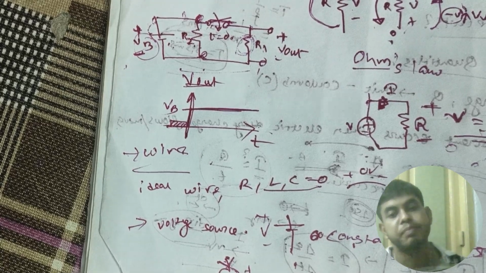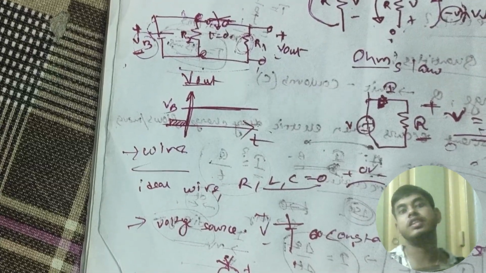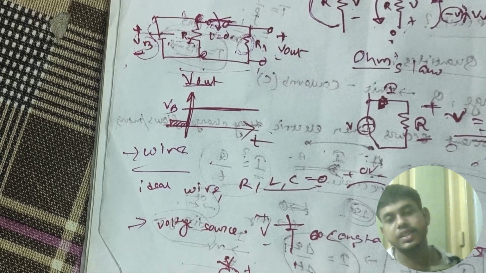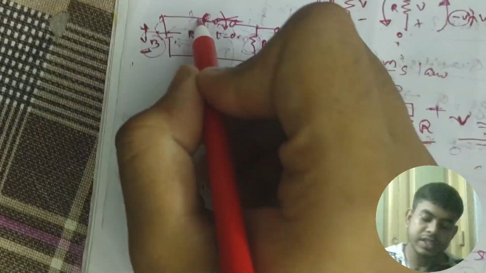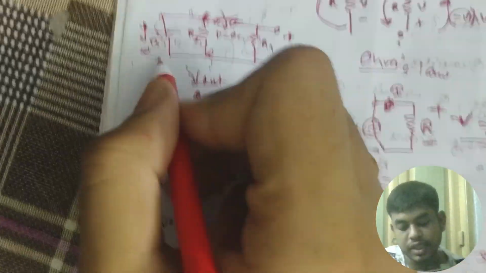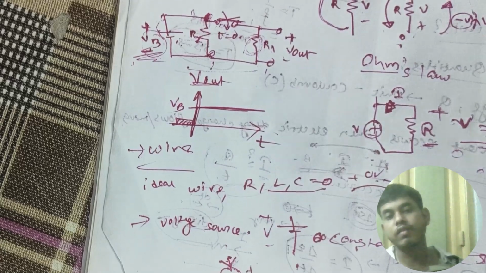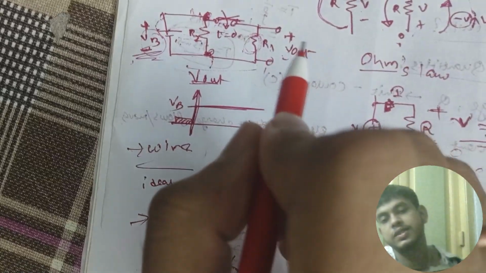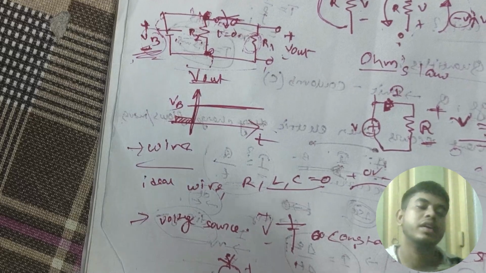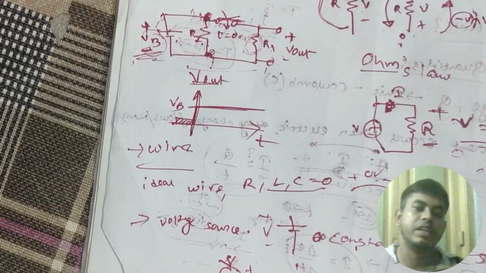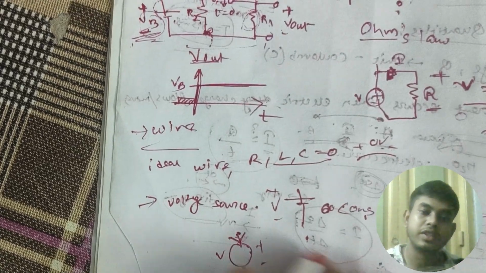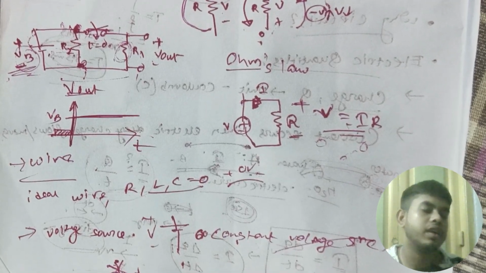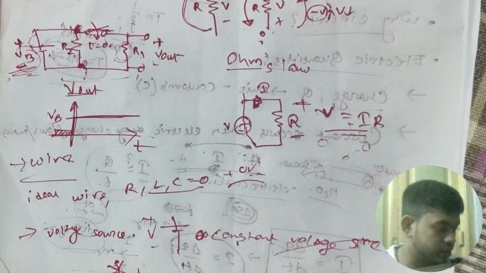When both resistances come in parallel, the resistance decreases and I1 increases. If I1 increases, will the voltage across this point change? No, this is a constant voltage source. A voltage source always tries to maintain the voltage across its two terminals, so the voltage will be VB only. We are talking about an ideal voltage source.